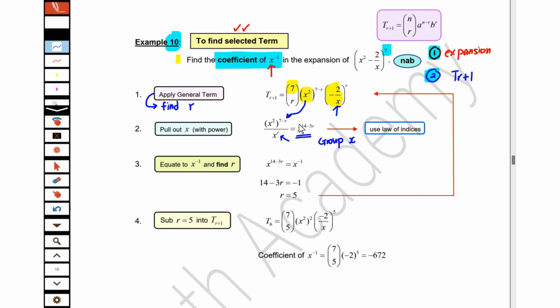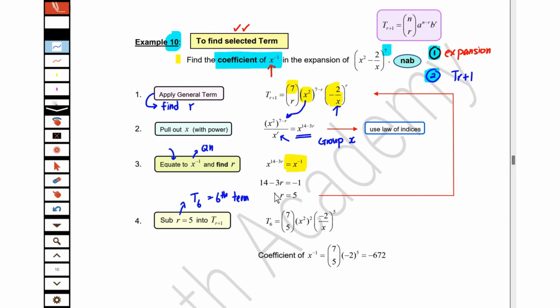So whatever you have found earlier on, you have to equate to the required term, whatever the question asks for. That allows you to find R. So you equate this to x power negative 1. Solve the value of R. Since we know R, we will know which term. Now, when R equals 5, it's actually called the 6th term. It's T6, the 6th term.